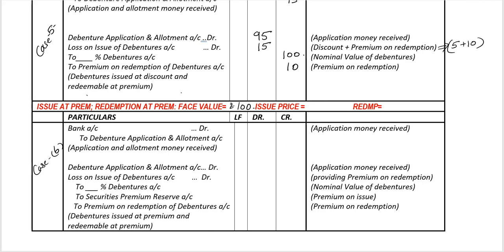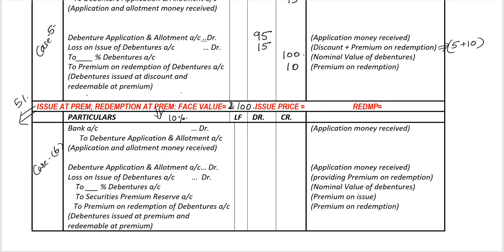The final case, Case 6, is issue at premium and redemption at premium. Let's assume the issue is at 5% premium and the redemption is at 10% premium.